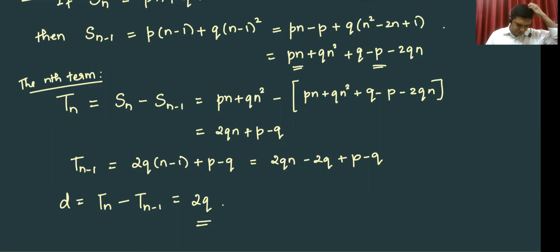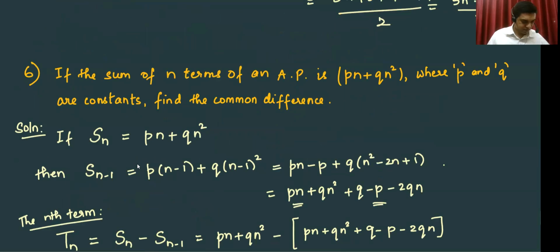Sum to n terms of two arithmetic progressions are in the ratio. Okay, let's do this.